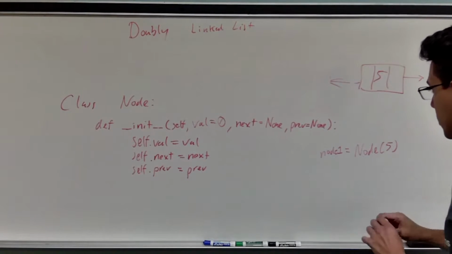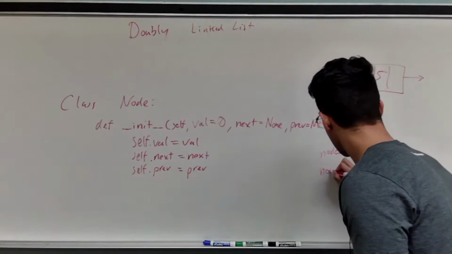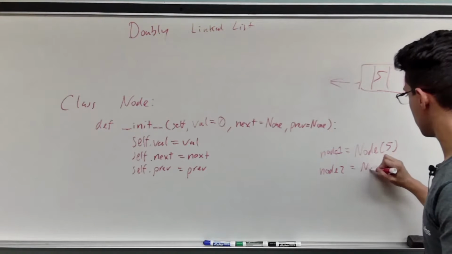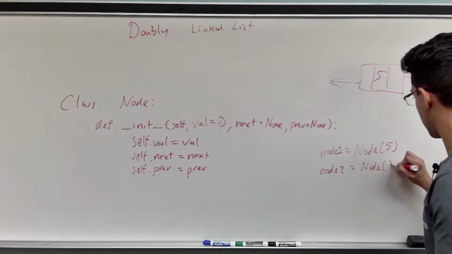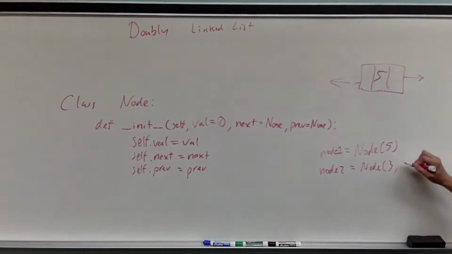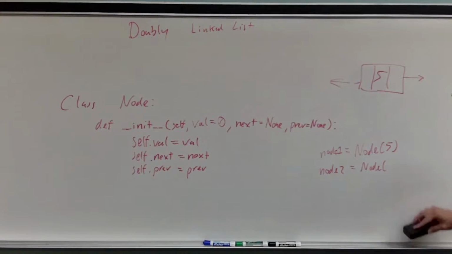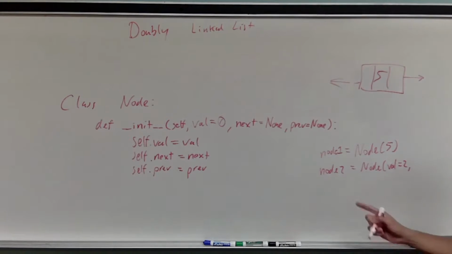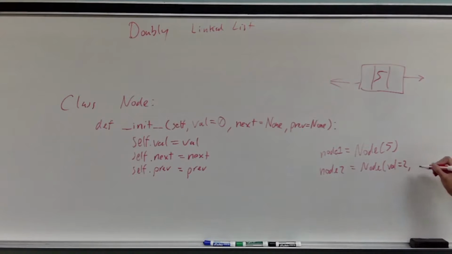And then I could say node 2 equals Node 3. And here, the ordering does matter, but you could also put the name of the parameter, the argument.